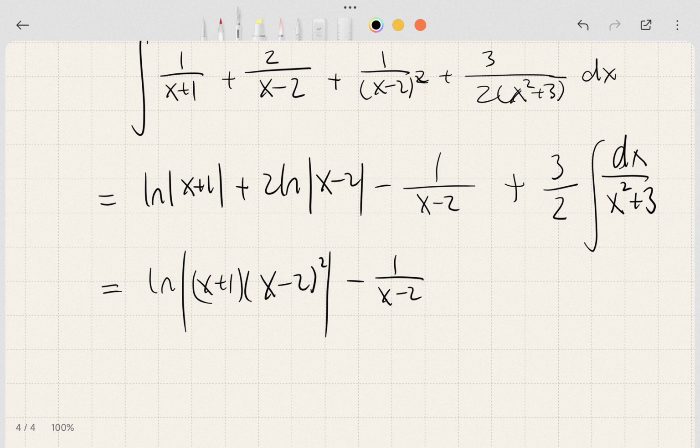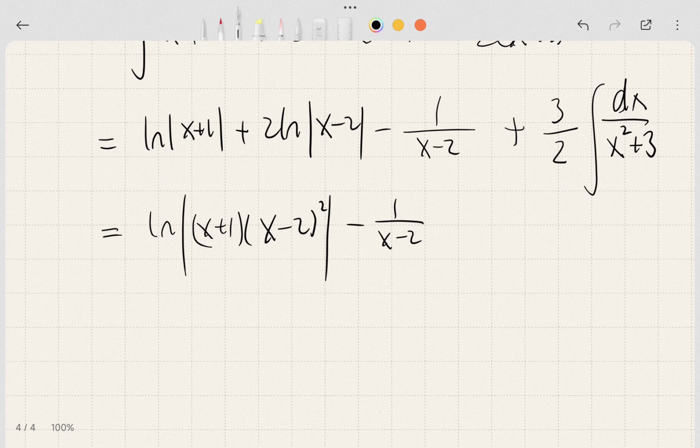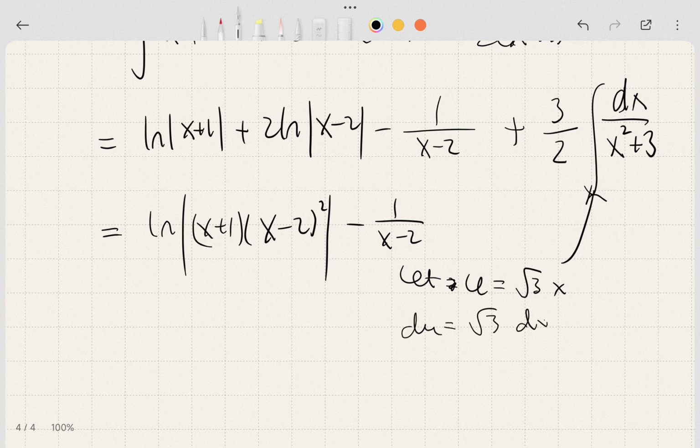Now we need to figure out how we can get the integral of 1 over x squared plus 3. And what you can do is, for solving this one, let u equal root 3 x, and then du would be equal to root 3 dx.